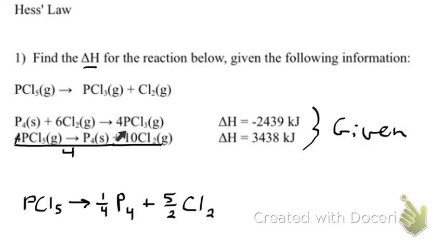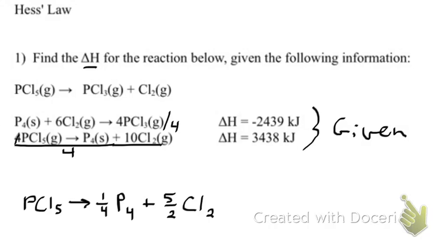Now I look at this first of the two reactions, and I see that I have 4 PCl3. And here I want only one PCl3. So I'm going to do the same thing. I'm going to divide this equation by 4. I'm going to write that over there just because I don't have space for it elsewhere.